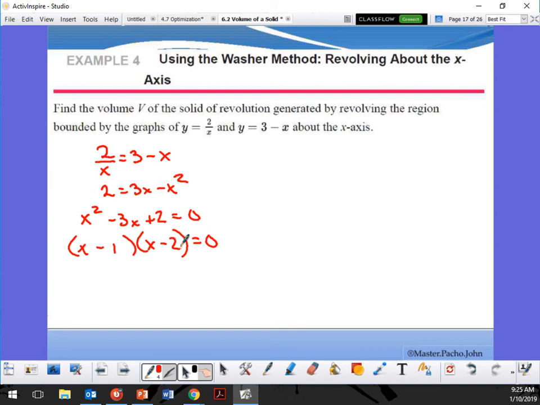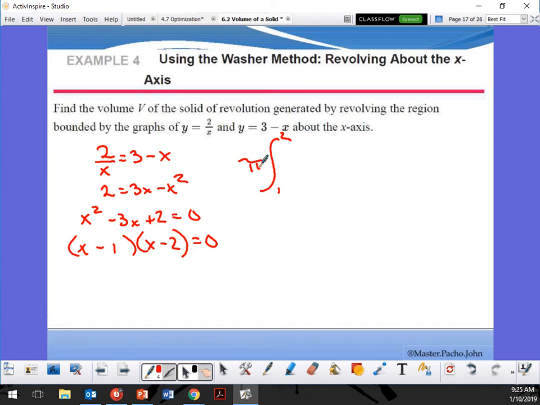So I am revolving this, somewhere between 1 and 2. I got to figure out which one has a greater value, because it's the outside minus the inside, right?